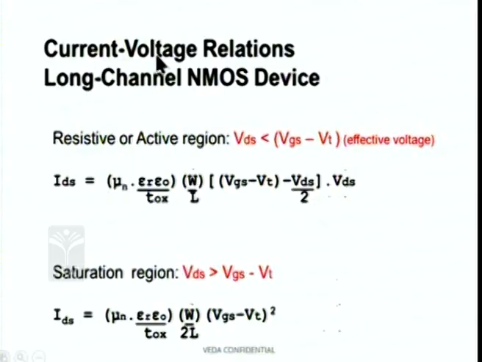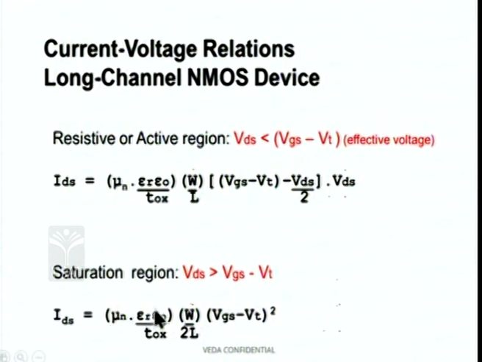This slide which I want to put up here is what we have seen for an NMOS device. Whether it is in the resistive region or saturation, this is mu n, and all other things being the same, mu n is 2.8 times mu p.